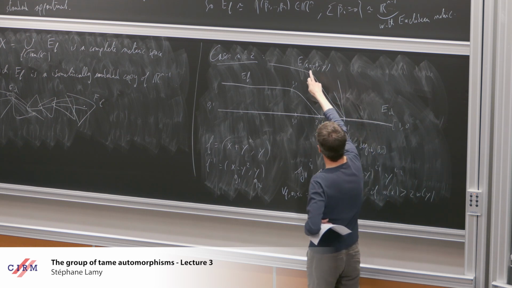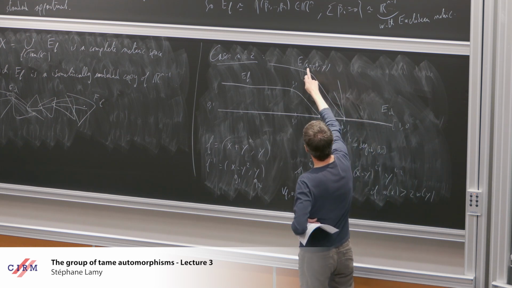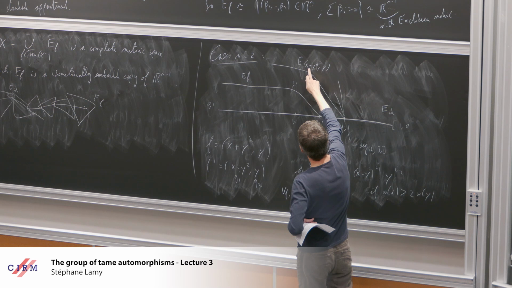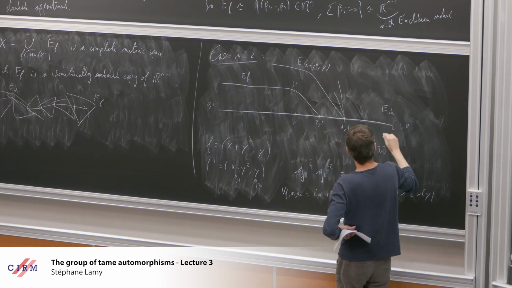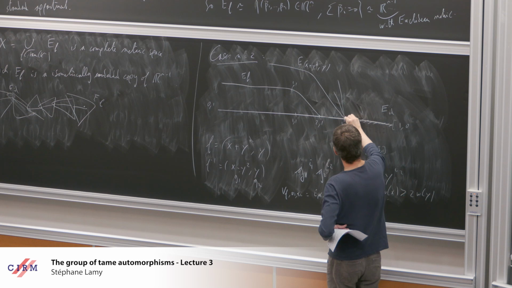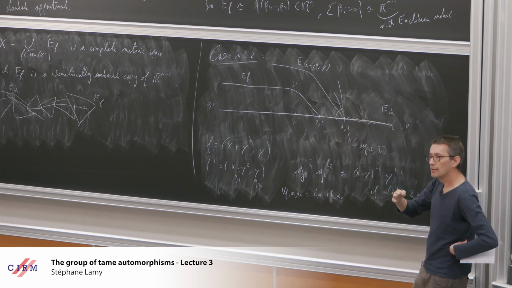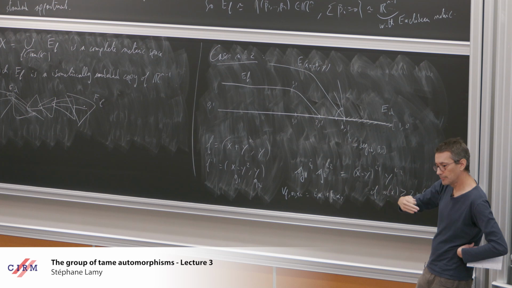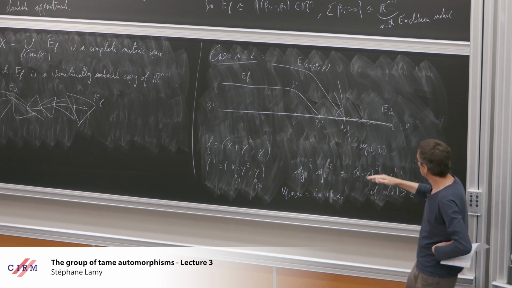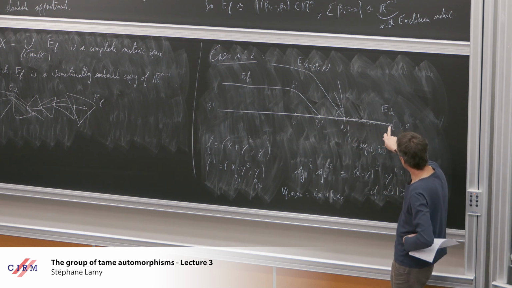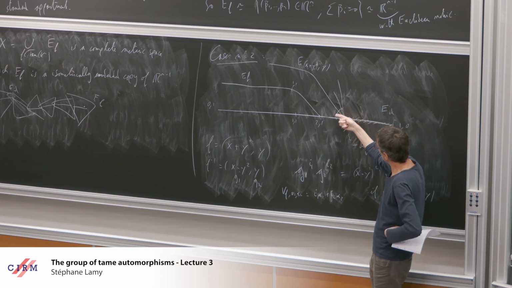Another way to put it is that if I look at the action of this triangular map, (x plus y to the d, y), it fixes all these points, and it sends this one to this one. So you see that the fixed locus of this elementary map has a fixed segment going to infinity in this direction, and then here it's kind of a rotation.